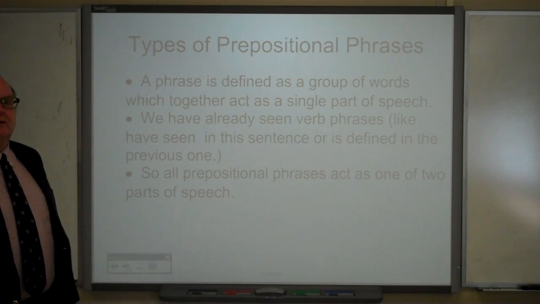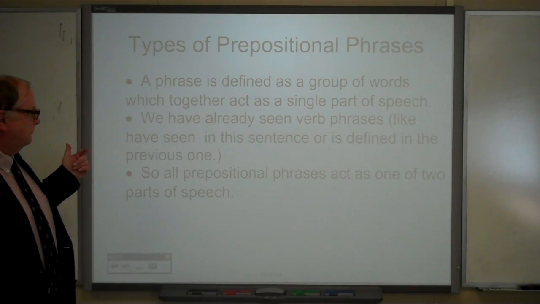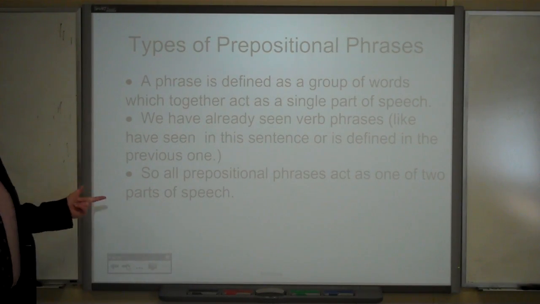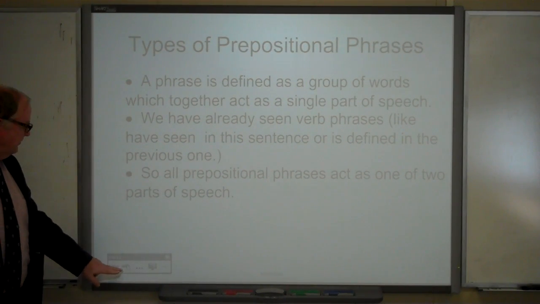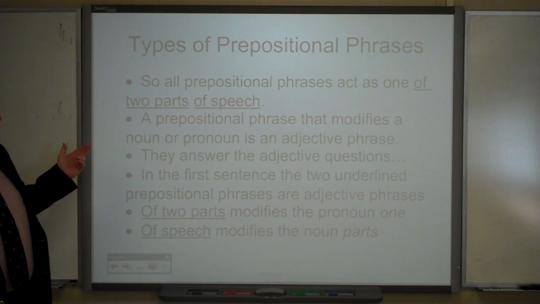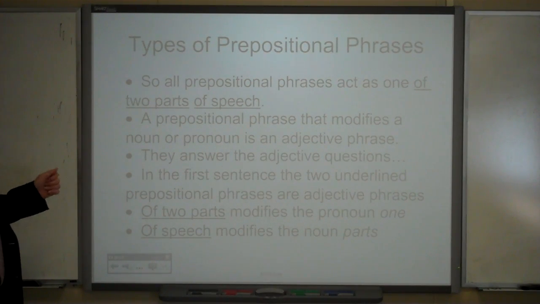Okay, we'll go into this in more detail later, but I do want to mention that all prepositional phrases act as one of two parts of speech. They are often adjective phrases.